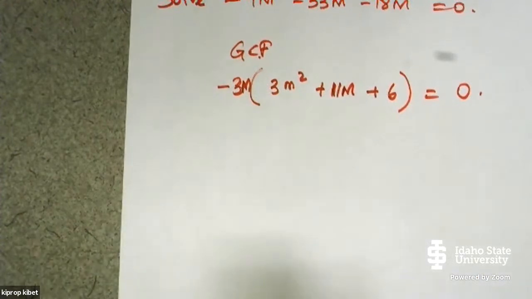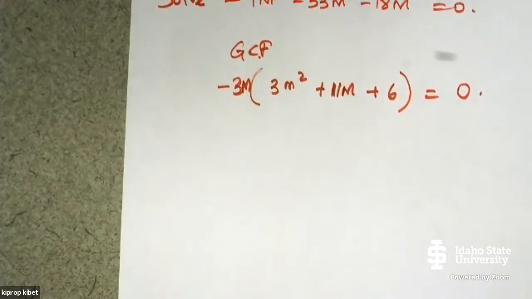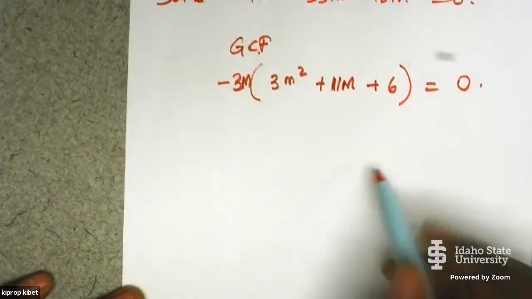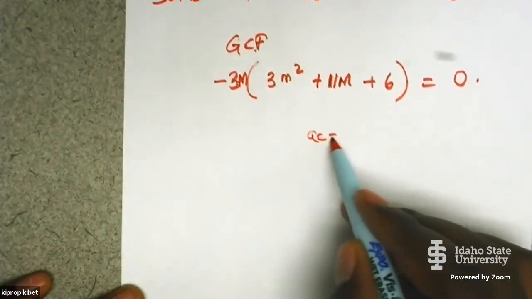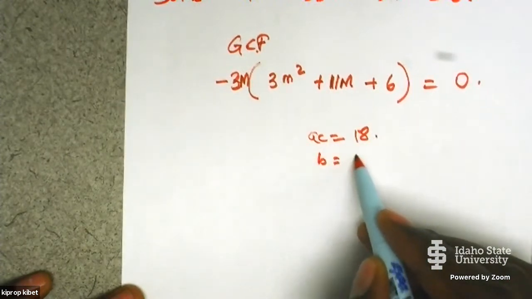Now, looking at the inside, is that a trinomial or binomial? Is it a perfect trinomial? So we use that AC. The product AC equals 18, B equals 11.